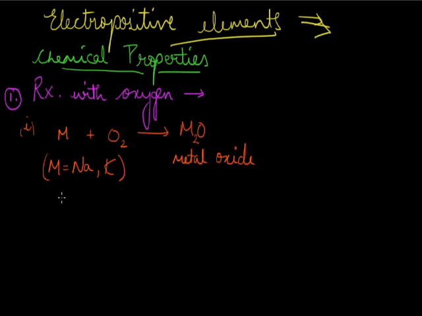So I can say when a metal like sodium is treated with excess oxygen, then there will be formation of peroxide. With excess oxygen, it will form sodium peroxide, and potassium in excess of oxygen will form potassium superoxide.